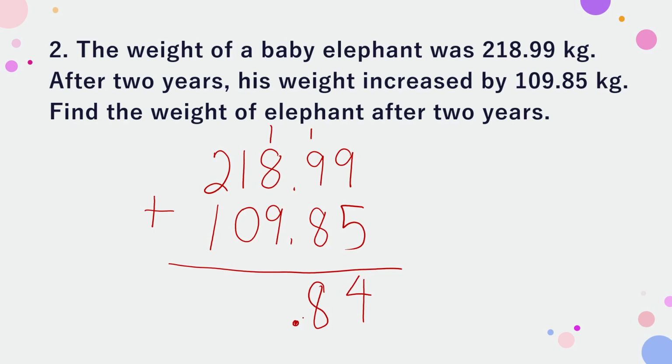Decimal point, do not forget. 8 plus 1 plus 9 is 18 again. What about 1 plus 0 plus 1? 2. What about 2 plus 1? 3. So the weight of the elephant after 2 years is now 328.84 kilograms. Let's proceed to problem number 3.